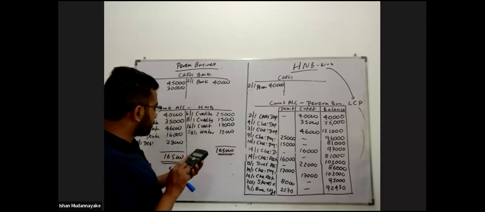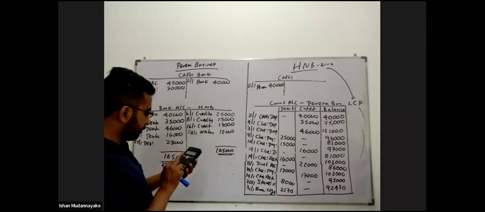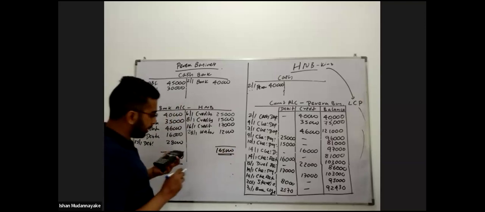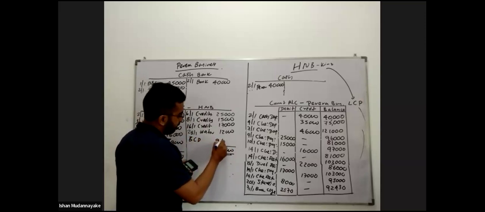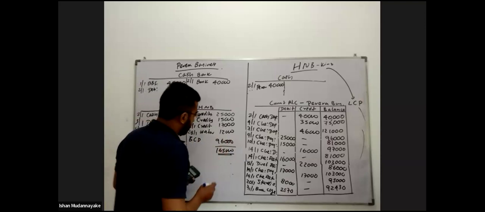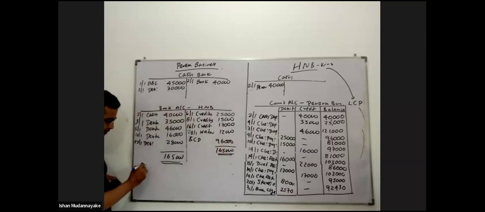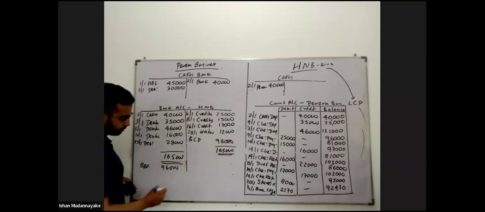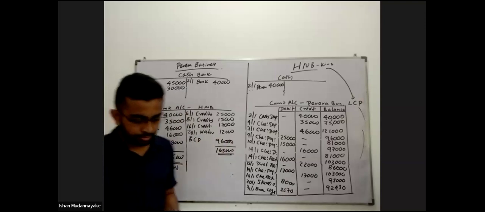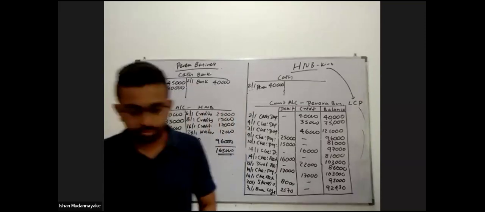Now 165,000 minus 25,000, 15,000, 17,000 and 12,000. Yes, the balance is 96,000. Balance carried down.